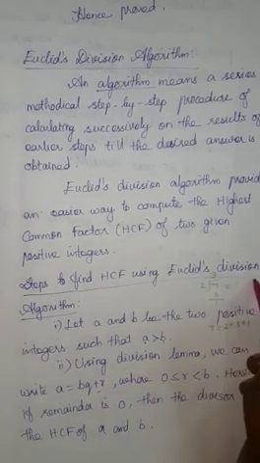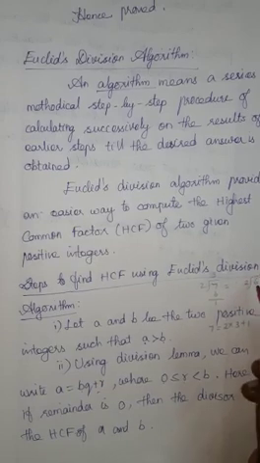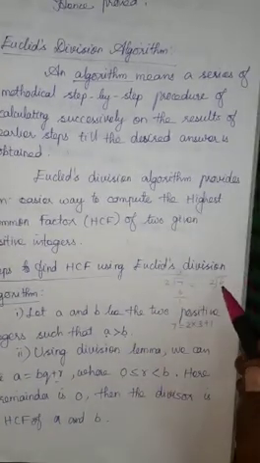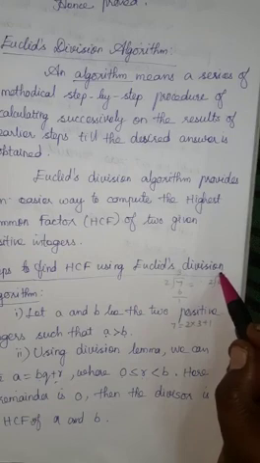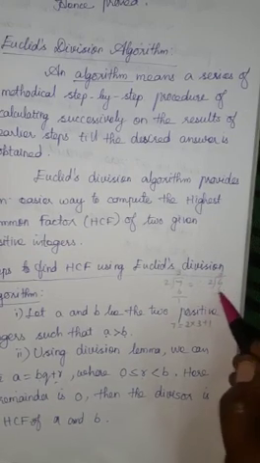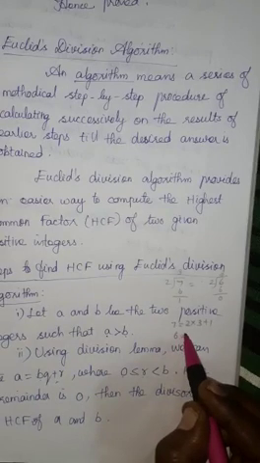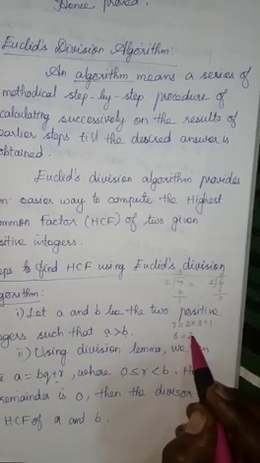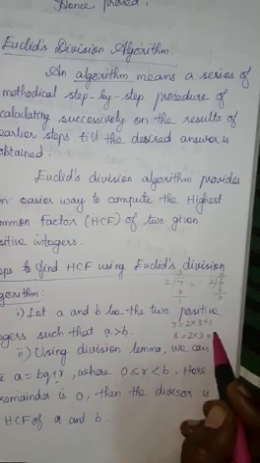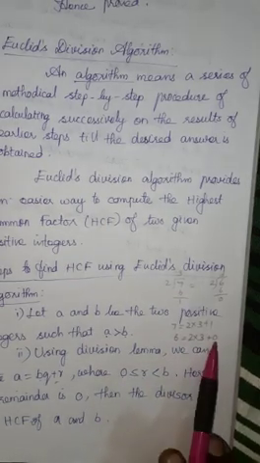In the other situation, you see 6 divided by 2. When you divide 6 by 2, you know the quotient is 3, 3 2s are 6, so you will get the remainder 0. So you can write 6 is equal to 2 into 3 plus 0. So the remainder is 0.